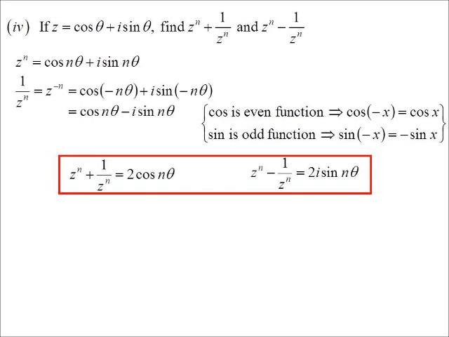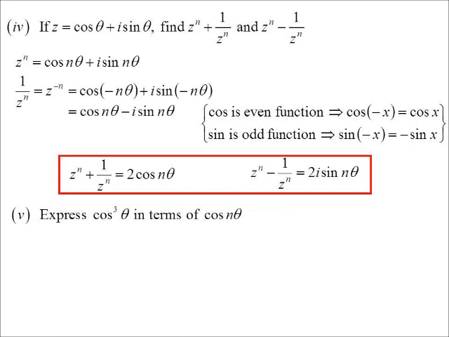So there's my result for z to the power of n plus 1 on z to the power of n. And for minus, well, now let's subtract instead of add, and we get 2i sin n theta. So as I say, perfectly fine to quote those, unless of course they've asked you to prove them. But as you see, the proof's fairly quick. Just playing around with odd and even functions and you've got it.